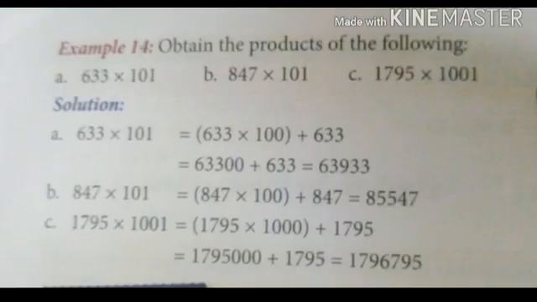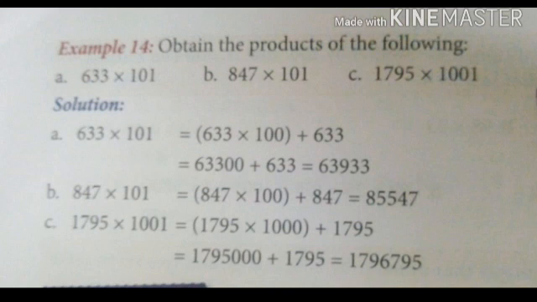Example 14. Observe the products of the following. A: 633 into 101. 101 means we take 100 plus 1. 633 we multiply with 100, and 633 again we take and add. It is 63,300 plus 633. Final product is 63,933.